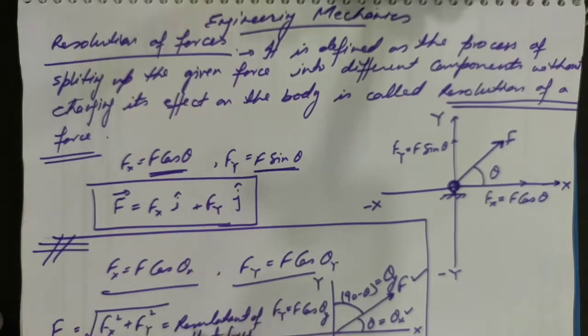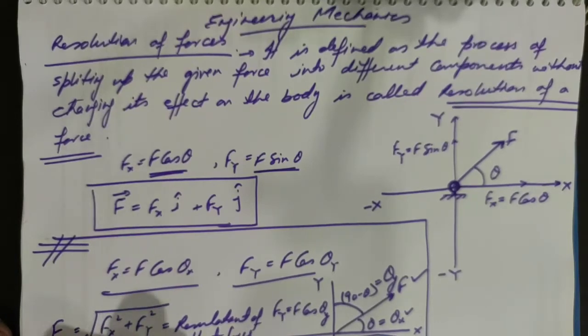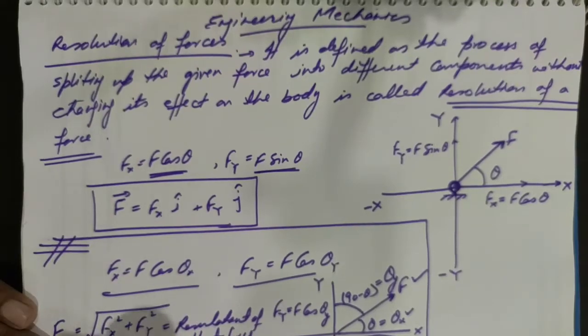If we need the direction, the horizontal vector is Fx and the vertical is Fy, then the resultant comes like this. The angle of that resultant will be theta, so we can write tan theta is equal to Fy upon Fx.